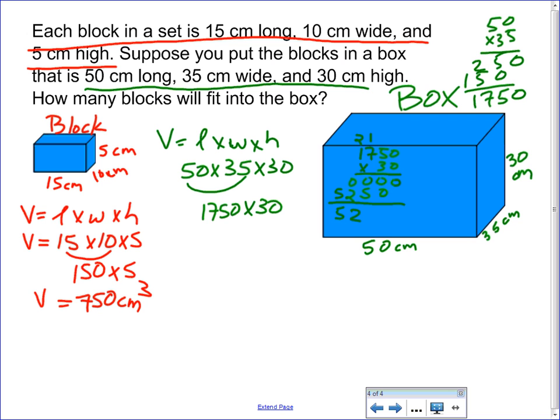It's 52,500. So the volume of our box is 52,500 cubic centimeters.